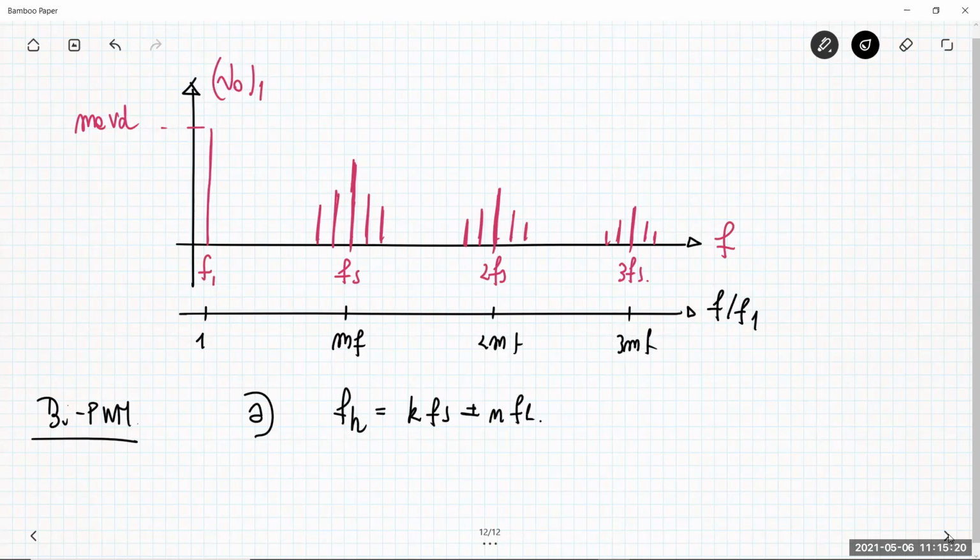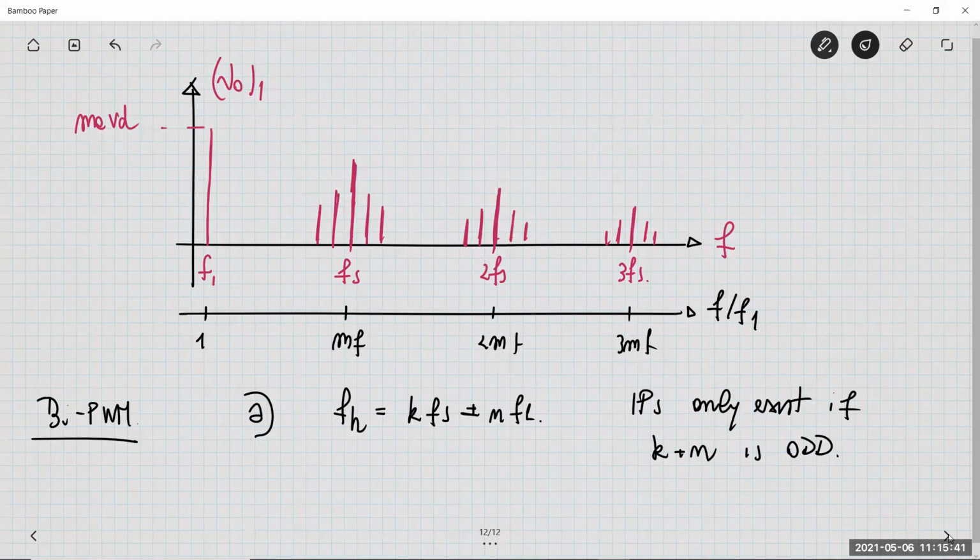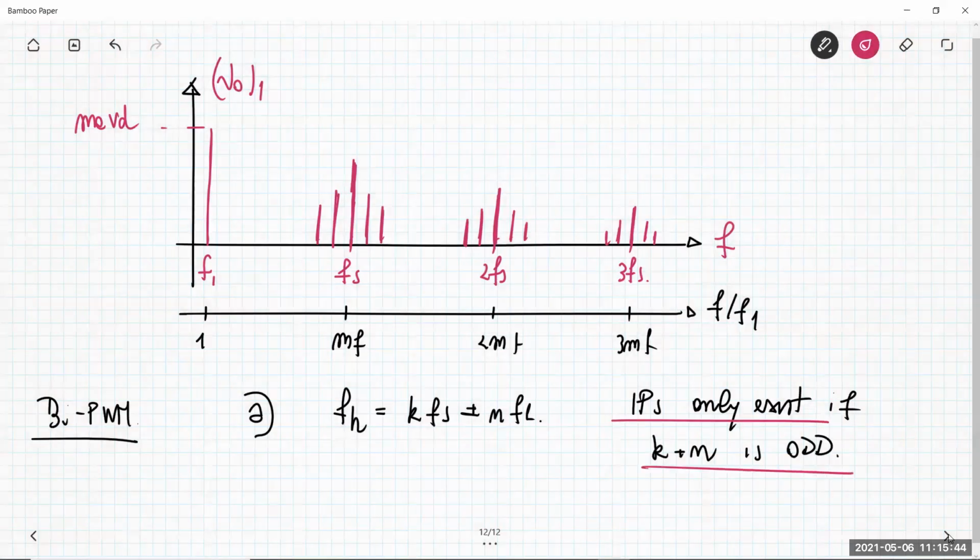So what happens in that specific situation when you get the Fourier transform of that waveform I showed you before for the output voltage is that intermodulation products only exist if K plus N is odd. For example, this is Fs plus F1.